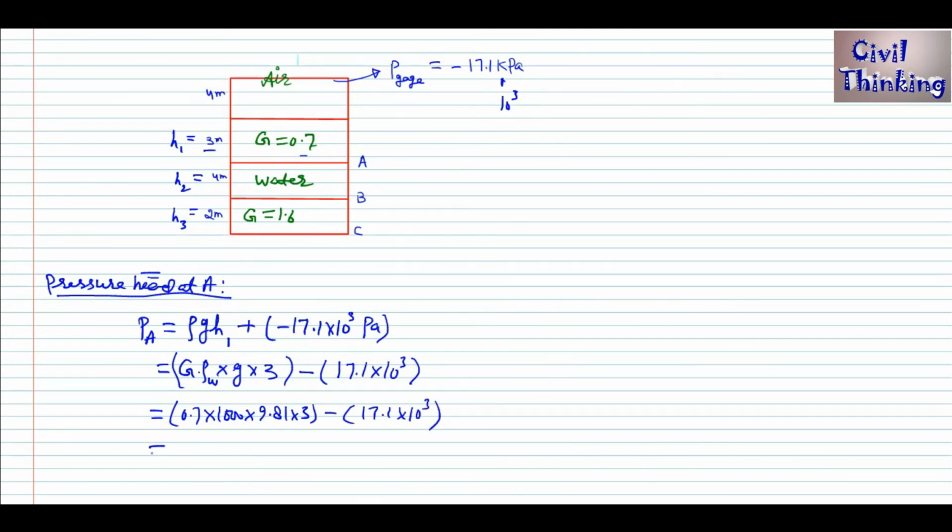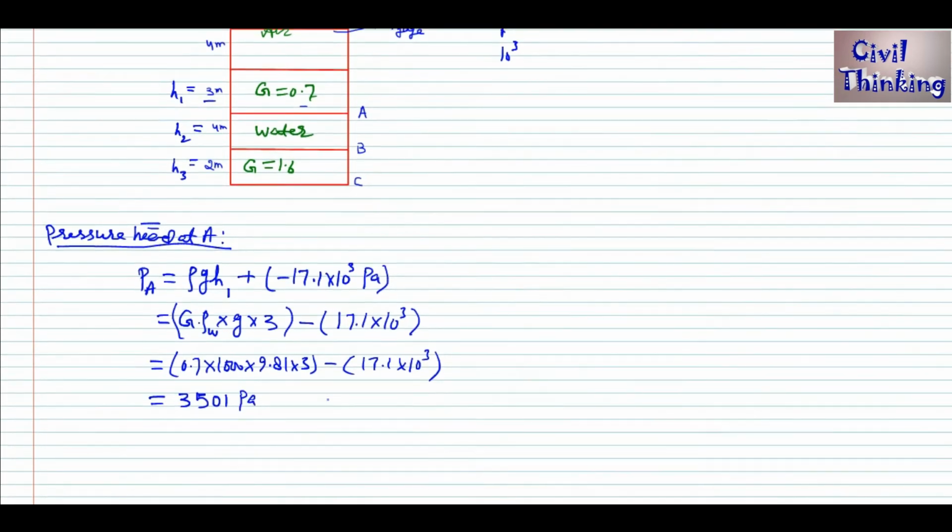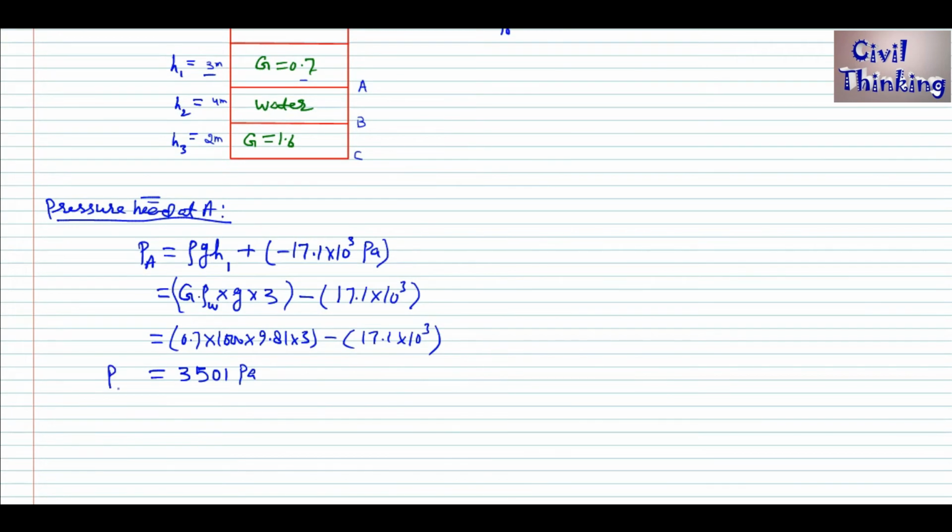Okay, now let's use a calculator to find the pressure at A. I found pressure at A to be 3501 pascals. Okay, now this is the pressure at A.